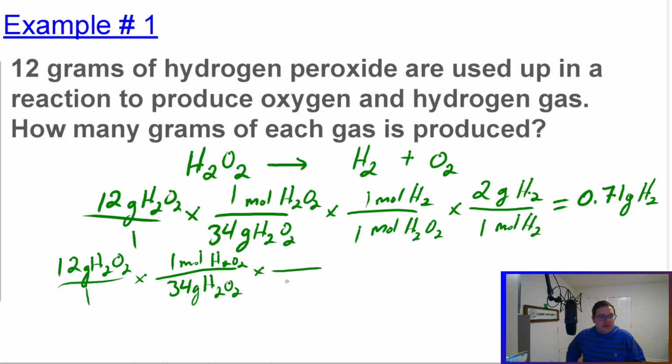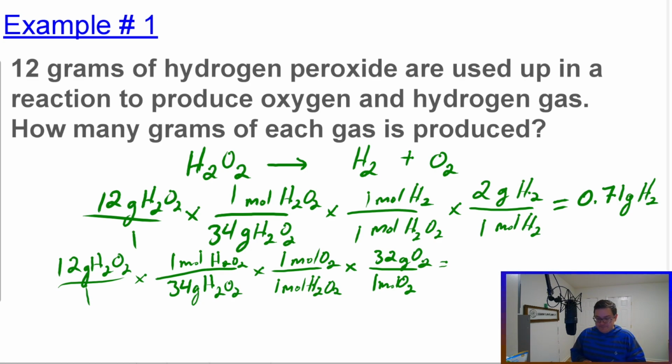And then we're going to go from 1 mole H2O2 to 1 mole of O2. We're going to go to oxygen this time. 1 mole of oxygen. Just make sure I'm not running out of space here. Not running into the camera. And that is going to be 32 grams of O2.